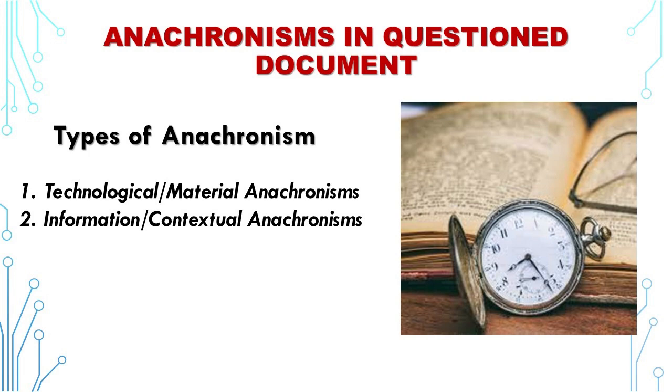Another physical component that we are going to consider under technological or material anachronism is the printing technology. An examiner might find that a document dated 1990 was produced using a specific laser printer toner formula, or a font, a kind of typeface, that was not digitally released until 2005.